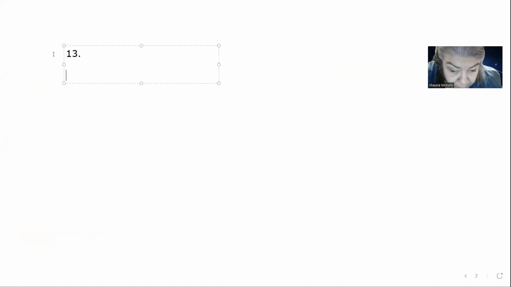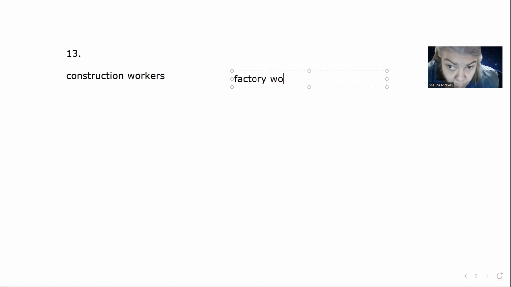We have construction workers, and we have factory workers. Now, the construction workers, their X bar, let me draw this, according to the problem, was 11.